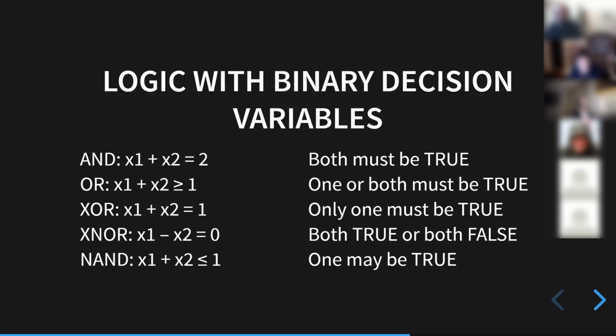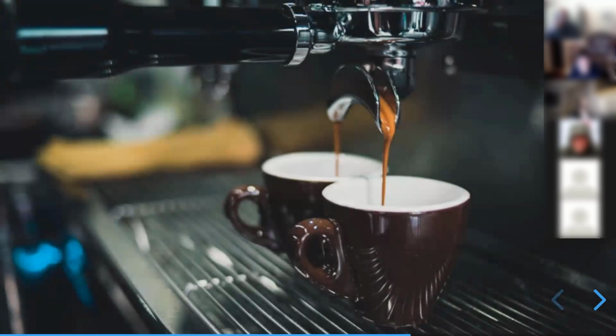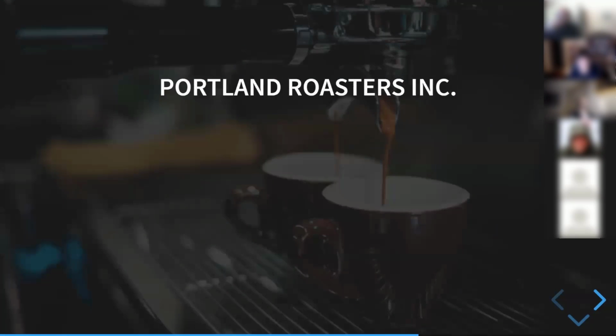So let's look at a problem where we utilize this. And again, I'm from Portland, Oregon, and we love our coffee. And so we have to have an example in here where we talk about roasting coffee. So this is the Portland Roasters Inc. problem. And we need to do some planning for our warehousing capacity and our roasting capacity.